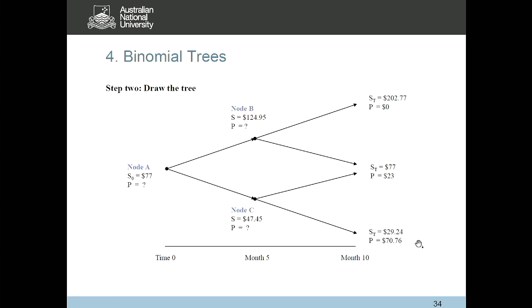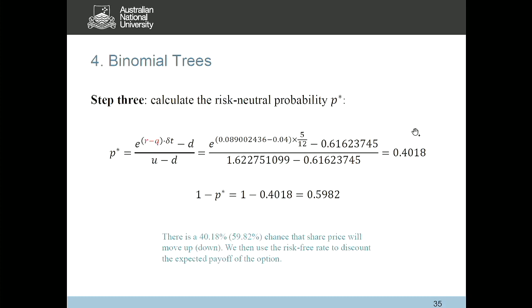So once we draw the binomial tree, the next thing we should do is work out the risk-neutral probability. As I mentioned, the only modification to the equation is that we simply subtract the dividend yield, Q, from the risk-free rate, R. So that becomes e to the power of (R minus Q) times delta T. You need to be aware of that.